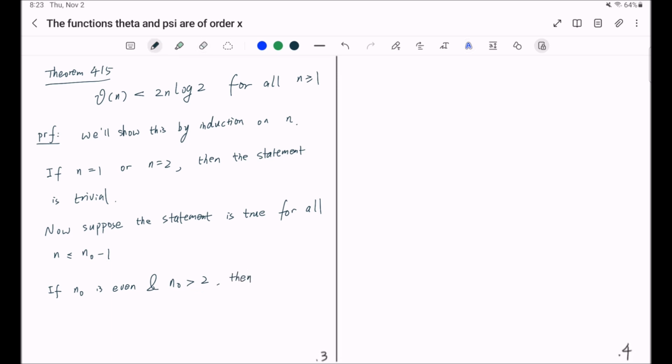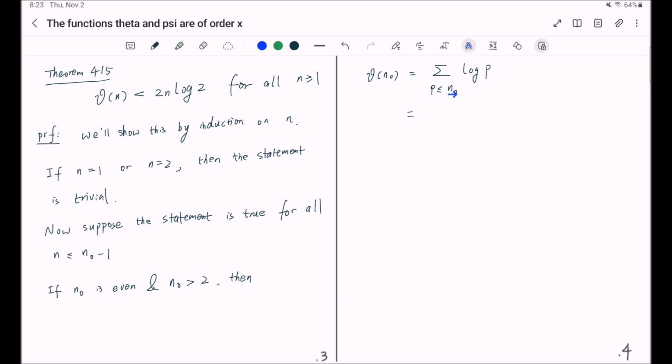Then, if you look at theta of n's definition, by definition, this is a summation of log of p's, where p is a prime number less than or equal to n naught.